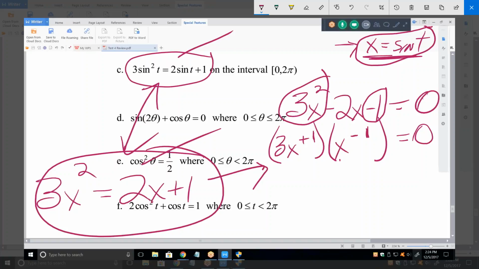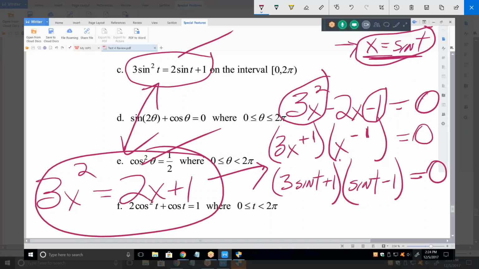So what does that give me? Substitute sine t for x. 3 sine t plus 1 times sine t minus 1, all that's equal to 0.